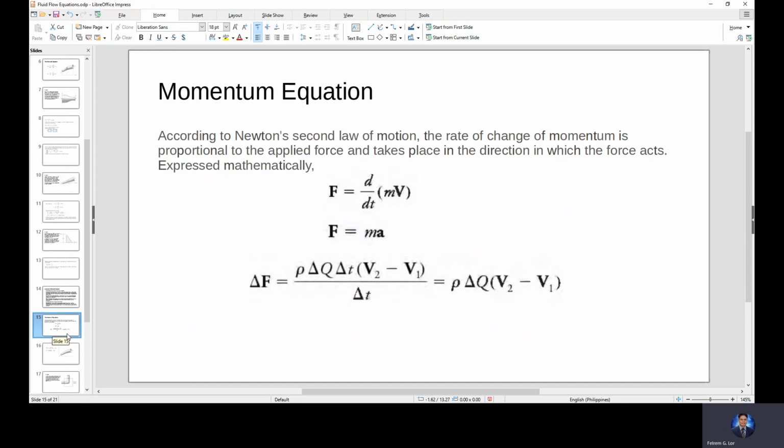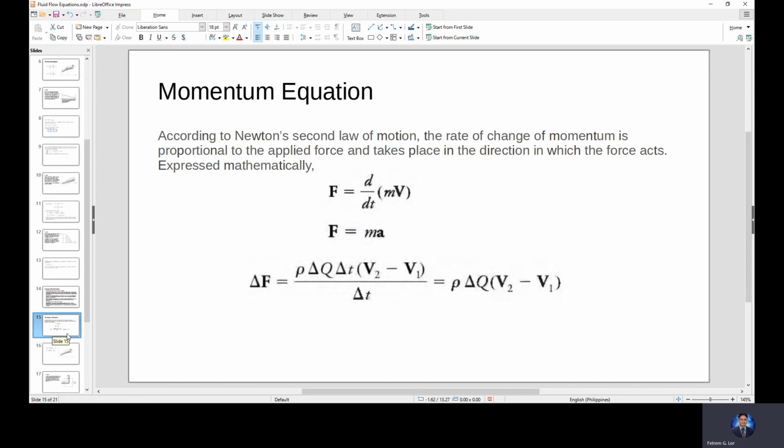So the rate of change of momentum of a moving or not moving object is proportional to the applied force.